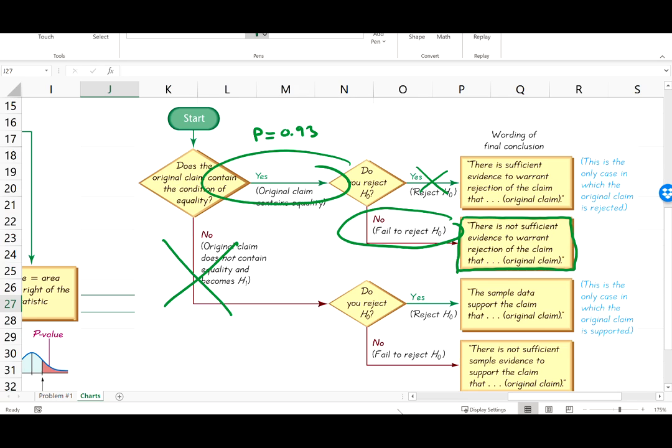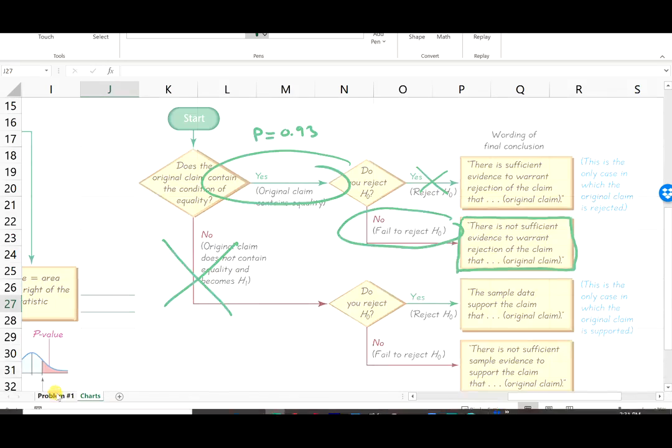The original claim is the population proportion is 93% or 0.93. The sample data says no, it's actually 0.95. But the result of this hypothesis test is that the sample data, even though it says something different than 0.93, is not compelling enough evidence. It's not strong enough data. So in this case, the test is inconclusive, which means basically collect more data.